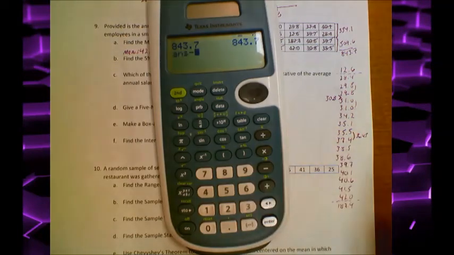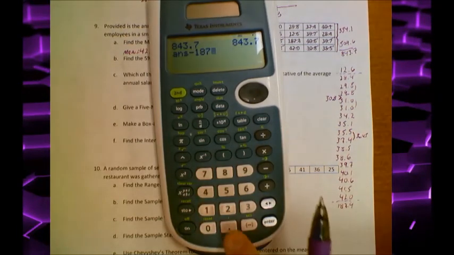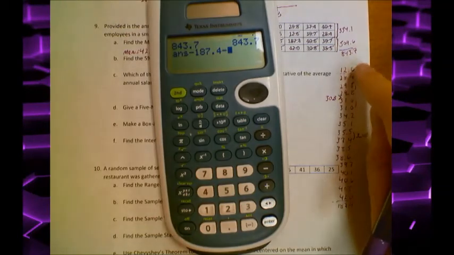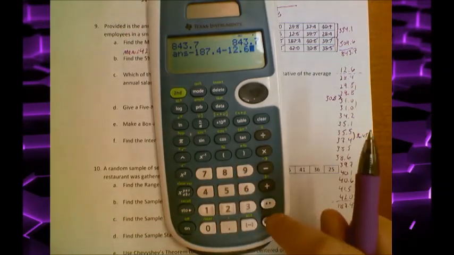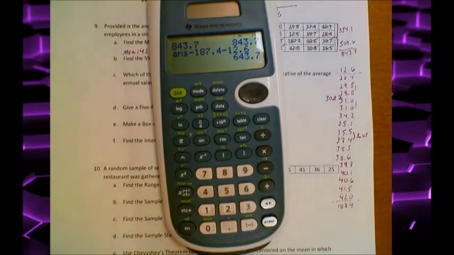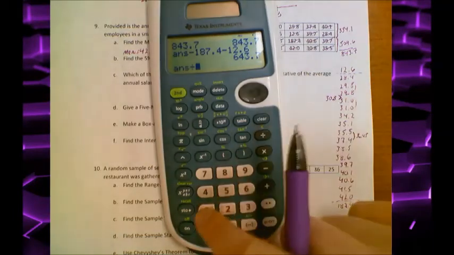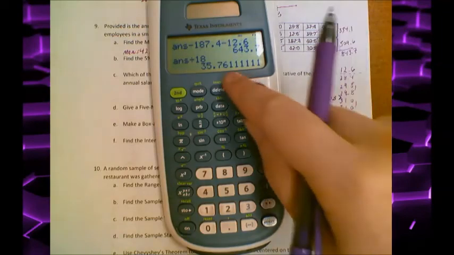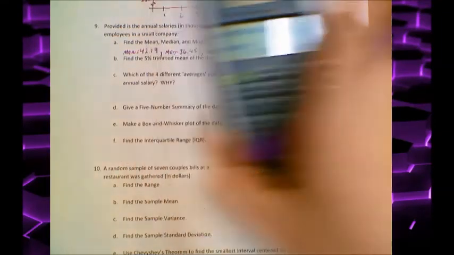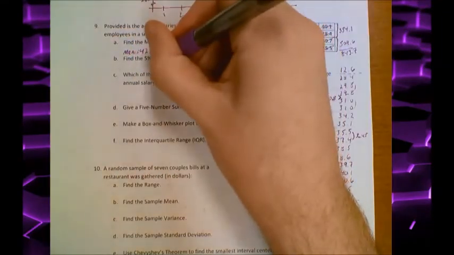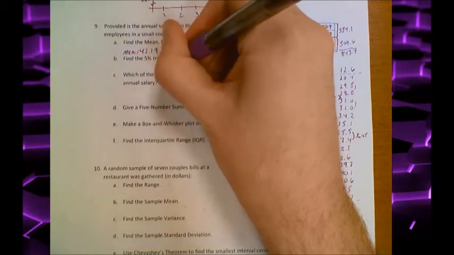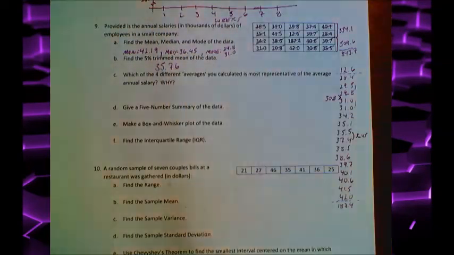So that minus 187.4 and minus 12.6. So now I have 643.7, and I have 18 sets of data, so I just want to divide that by 18, and I'm going to get 35.76. Which is a lot closer to my actual median there, which is what we are after.